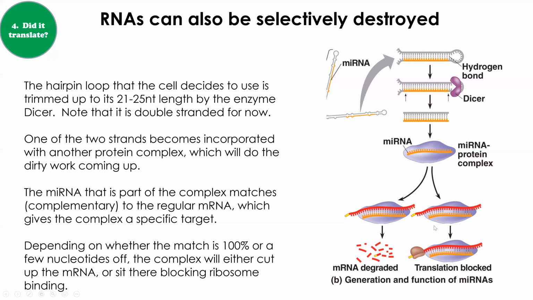Whereas if we have a partial match, so we got some mismatches in here, this complex just sits right here, it doesn't leave, it just sort of traps this messenger RNA, and the ribosome has no chance to translate this because it's physically going to block the entire thing. Either way, no messenger RNA can get translated. So this is going to reduce the amount of protein that we can get from this RNA.